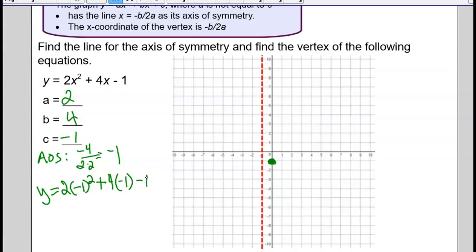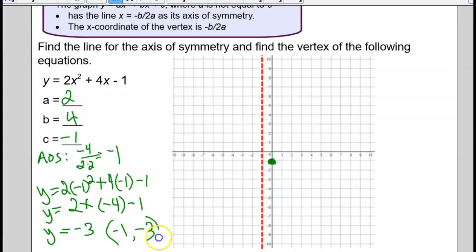Again, because I know the x-coordinate of my vertex is somewhere on that red dashed line, the axis of symmetry, I can figure out the y-coordinate of my vertex. 2 times -1 squared is 2. 4 times -1 is -4, minus 1. y will be equal to -3. So now I found my vertex. It's at -1, -3.